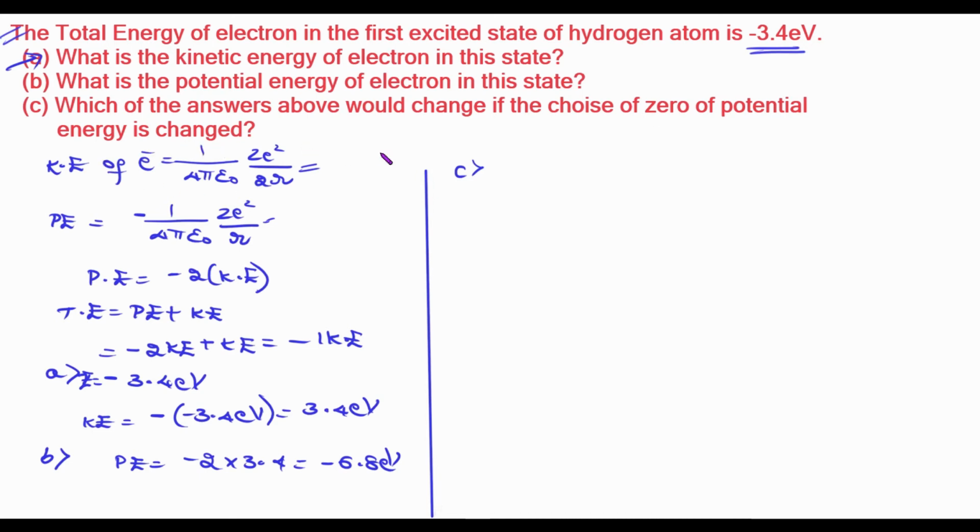So if the 0 of potential energy is changed, kinetic energy does not change and continues to be 3.4 electron volts only. However, the potential energy and total energy of the state would change with the choice of 0 of potential energy.